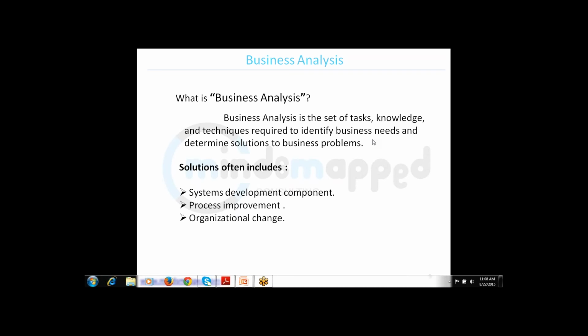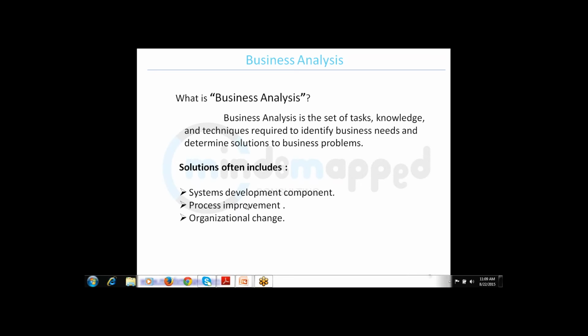There wasn't sufficient attention given to understanding the needs of the business, or they were not communicated properly. So that's how important business analysis is, from the project perspective and the organization's success perspective.